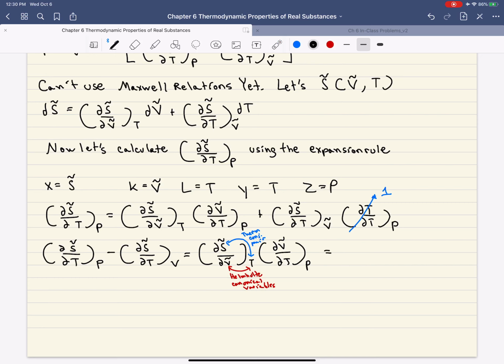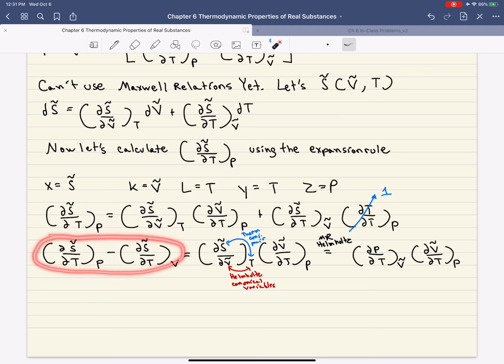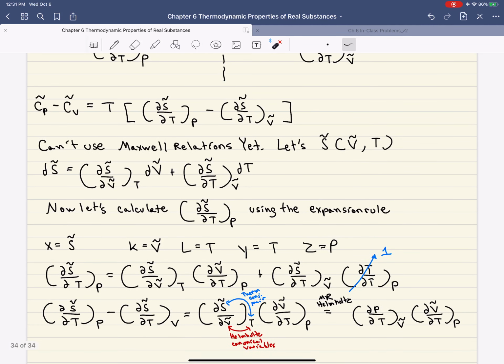And so if we take the Maxwell relation of the Helmholtz fundamental equation, and we've done this previously, we could show that dS dV at constant T is just dP dT at constant V. Right, and so by doing this analysis, we figured out what the difference between these two partial derivatives is, and now we could plug it back into this equation.